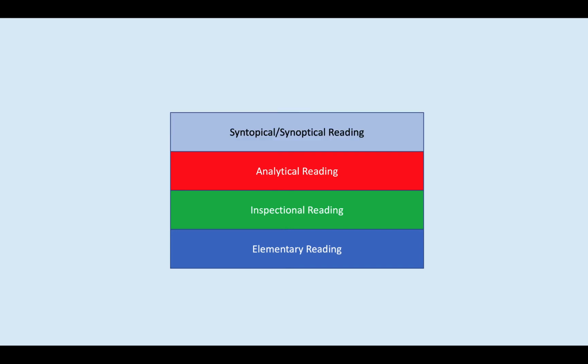And finally, there's this other level, syntopical or synoptical reading. This is where you take perhaps multiple books that you read analytically and you combine them. For example, you could read 1 Corinthians analytically, and then you read Romans analytically, and then you try to combine them. You try to say, okay, what is Paul saying that's similar between these?